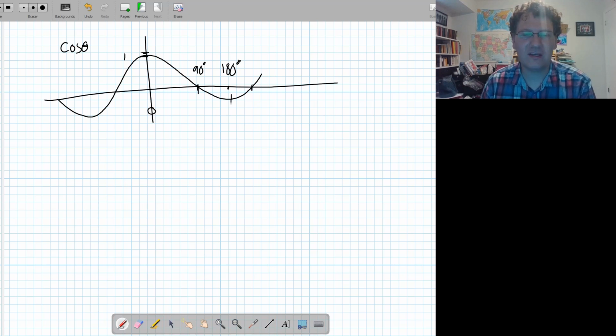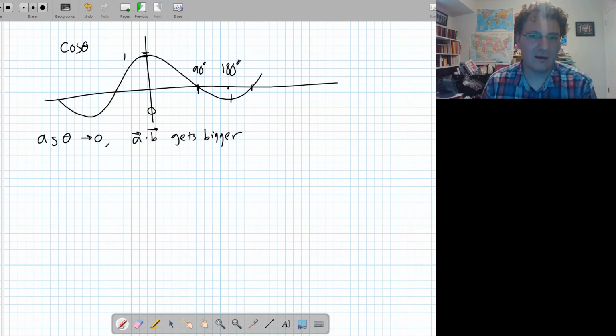So the cosine is going to be 1 when the angle is 0. And so as theta is close to 0, or goes to 0, the dot product A dot B gets bigger.